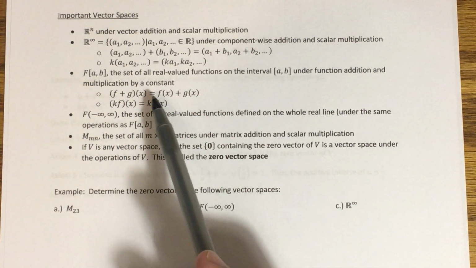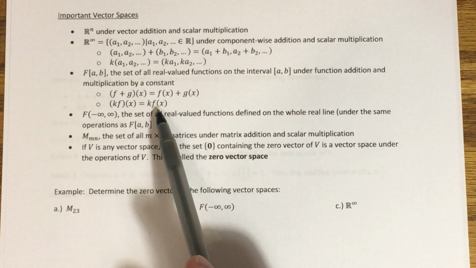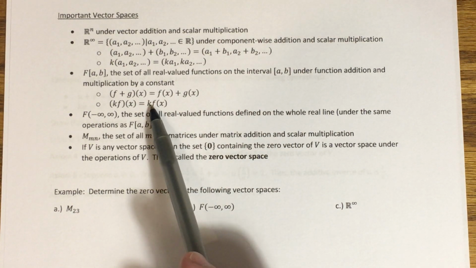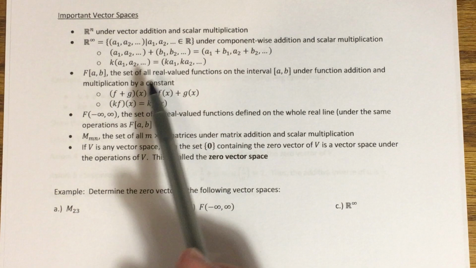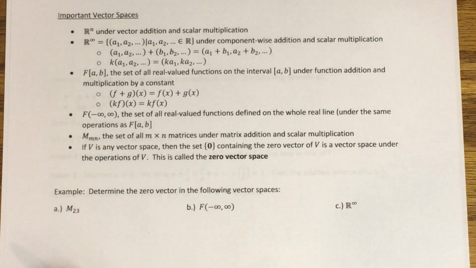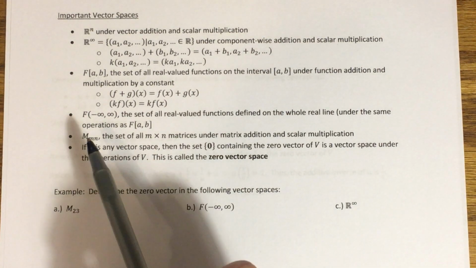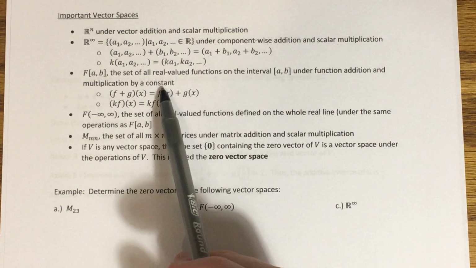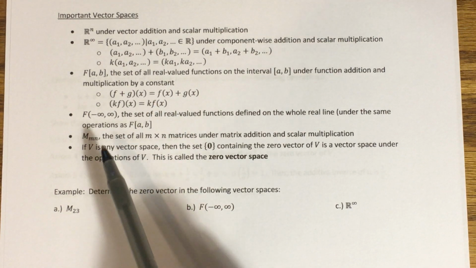Similarly, scalar multiplication in this case is just the usual multiplication of a function by some constant k. So this set of functions you have spent years working with. You've just never called it that. You've been working with these in algebra and calculus 1 and calculus 2. So this should be some familiar territory here.